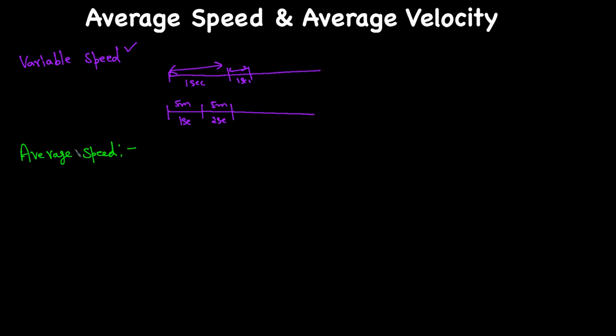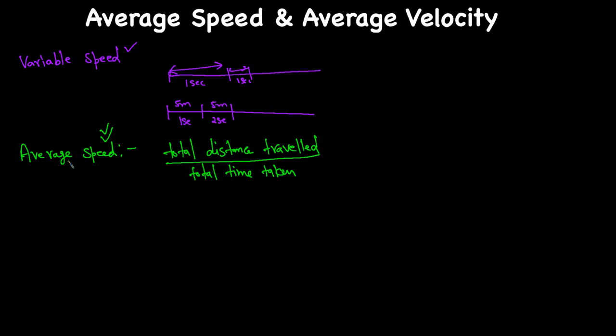We calculate it as the ratio of the total distance traveled by the body over the total time taken. That's called your average speed.